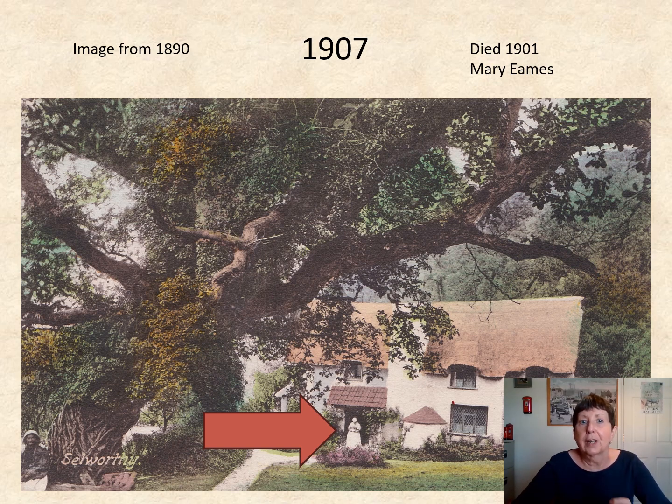The view is out of date because we know through research that Mary Eames had died. And the postcard continued to be in circulation for a long time. But of course, once you get to the First World War, it's more obvious that there has been a passing of time. And so we're more open to the suggestion that the postcard view is out of date.